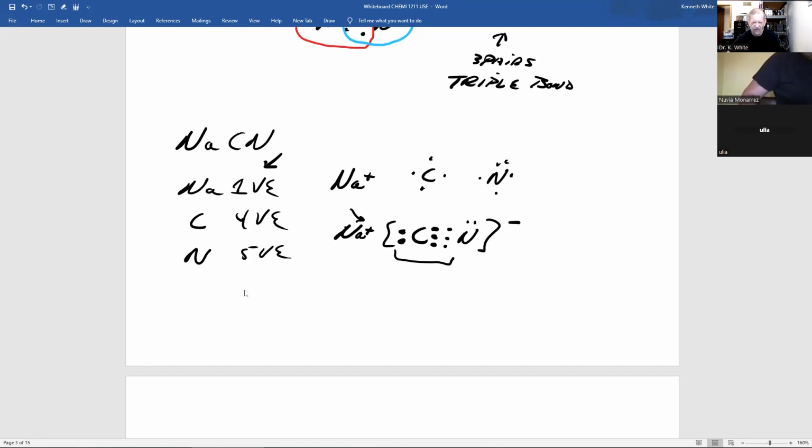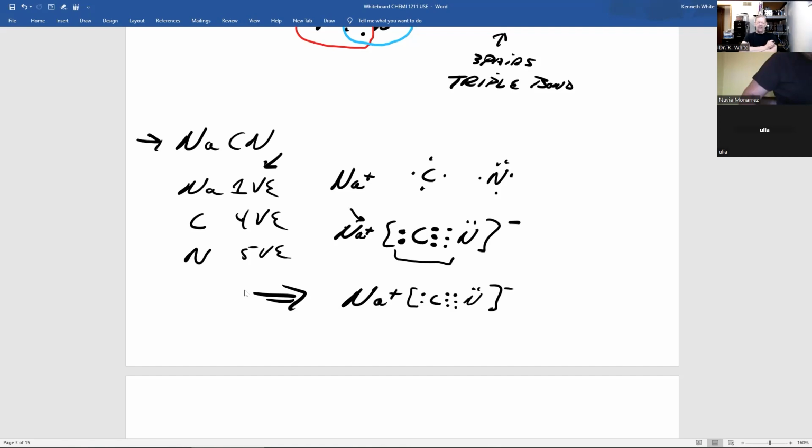Let me write it over again. So here is the correct answer for what is the Lewis structure for sodium cyanide. The sodium is always going to be a cation.